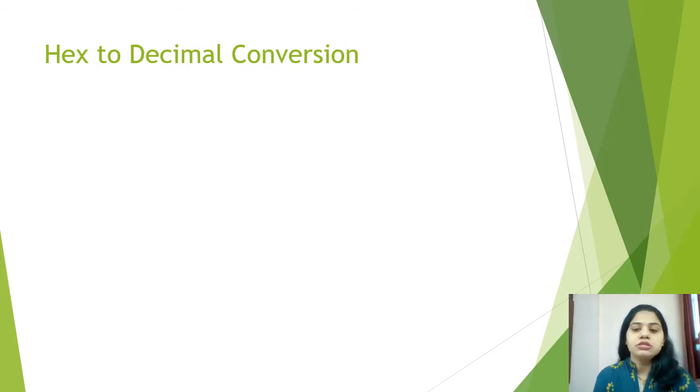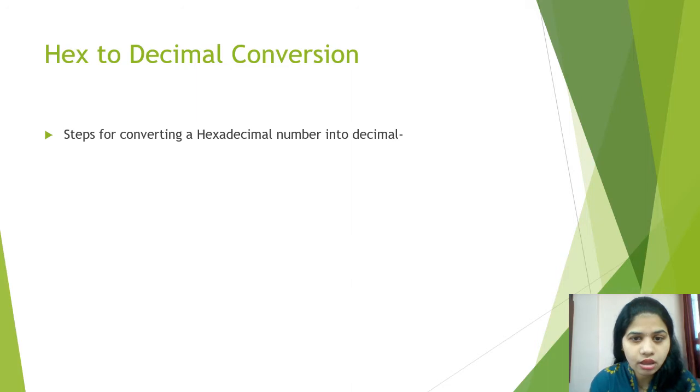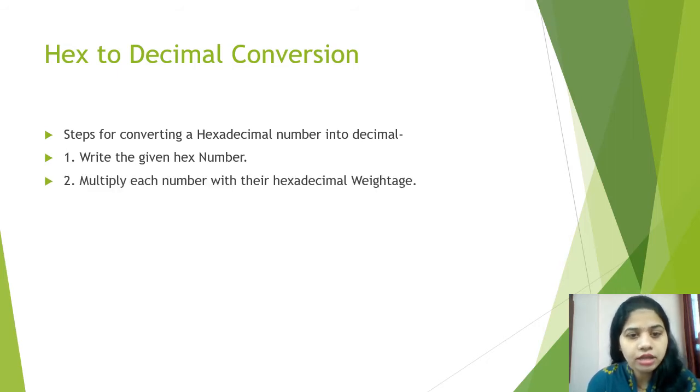Now let us discuss the hex to decimal conversion. Again, there are some steps that we have to follow. First of all, write the given hex number. Then we have to multiply each digit with its corresponding hexadecimal weightage, like 16 to the power 0, 16 to the power 1, 16 square, and so on.